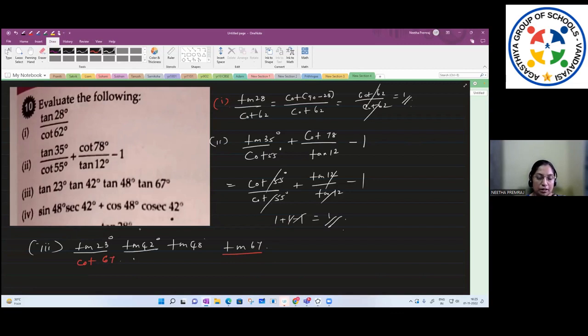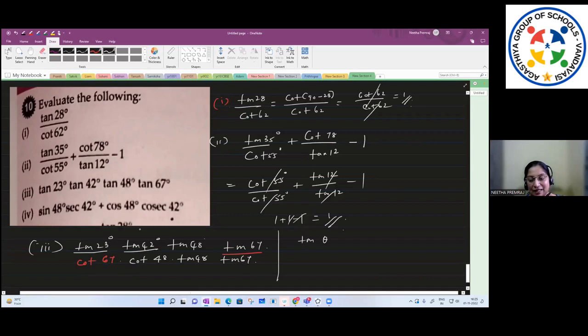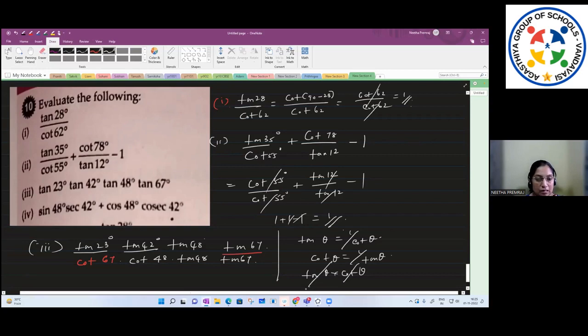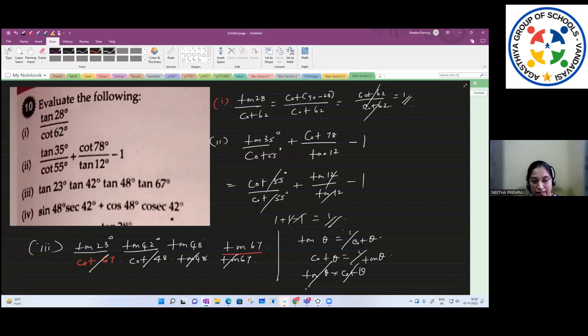Tan 42, this you can write as cot 48. And this one you don't need to change, you write as it is. And tan 67, what happens? I told you, right? Tan theta is equal to 1 by cot theta, or cot theta is equal to 1 by tan theta. So either way you can write. So tan theta times cot theta, if the angles are matching, you can cancel. So you can cancel this, this and this, and this and this, then the answer becomes 1. That's it. Okay, guys.